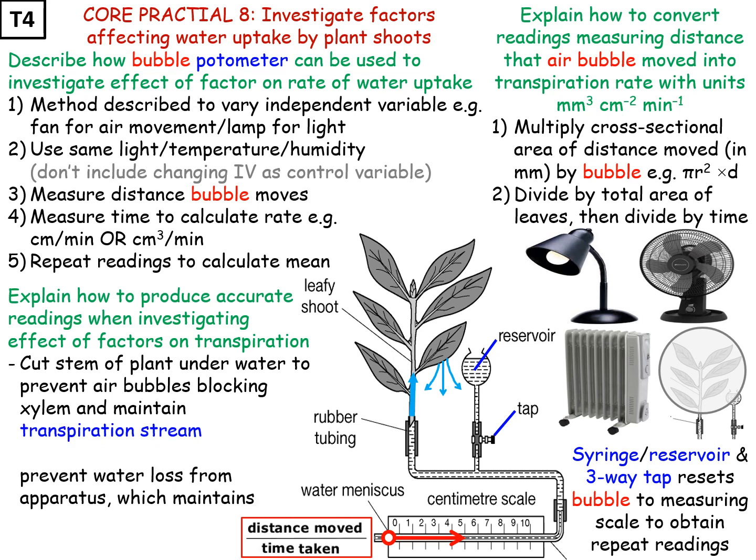The other thing you could do to prevent water loss from the apparatus is to seal the rubber connection. That means the water molecules are not being lost, and that maintains the cohesion between the water molecules as they move past the rubber tubing and into the leafy shoot.